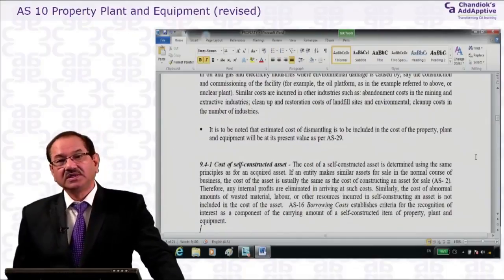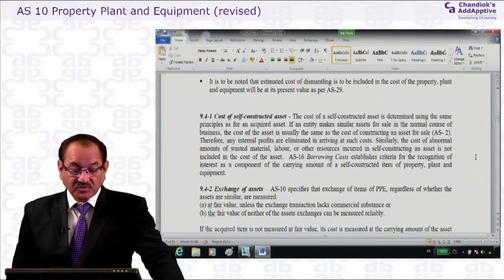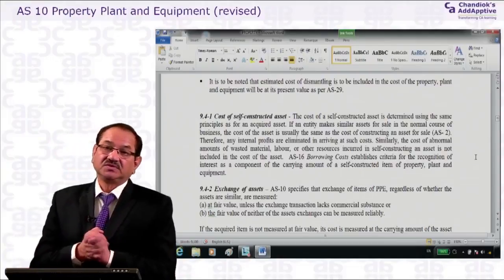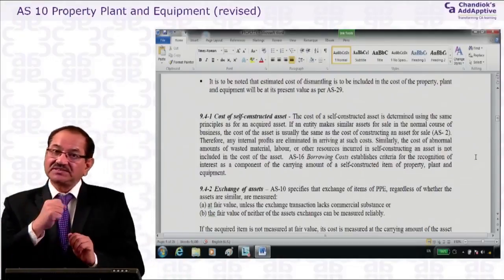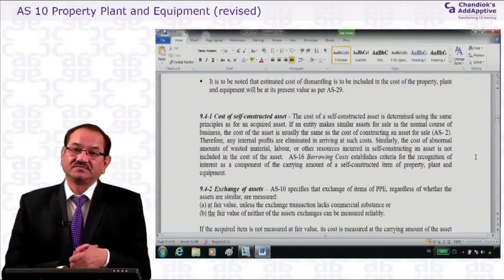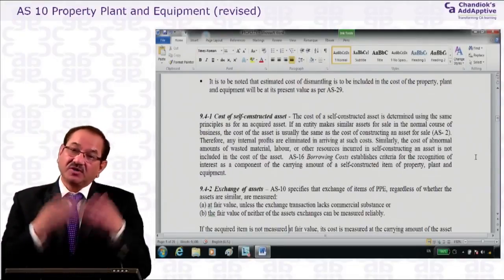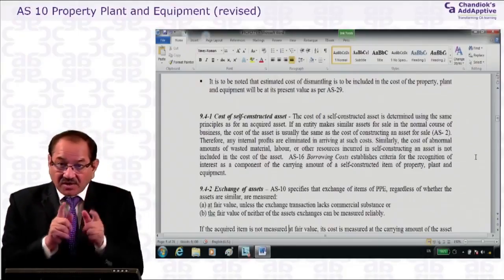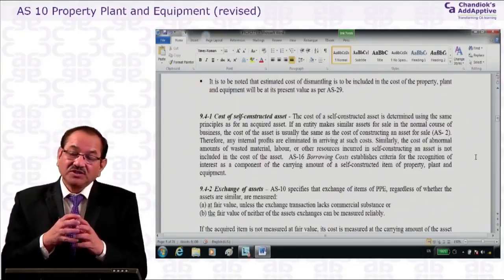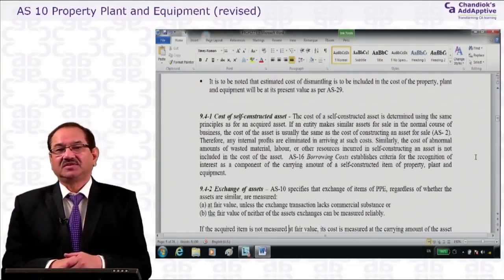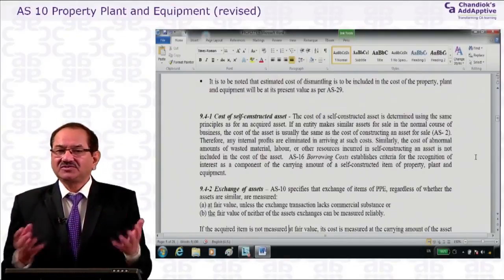Now, we are talking about the cost of those assets which you have purchased, what will be included and how it will be computed. Now, we discuss what is the cost of self-constructed assets. Understand?